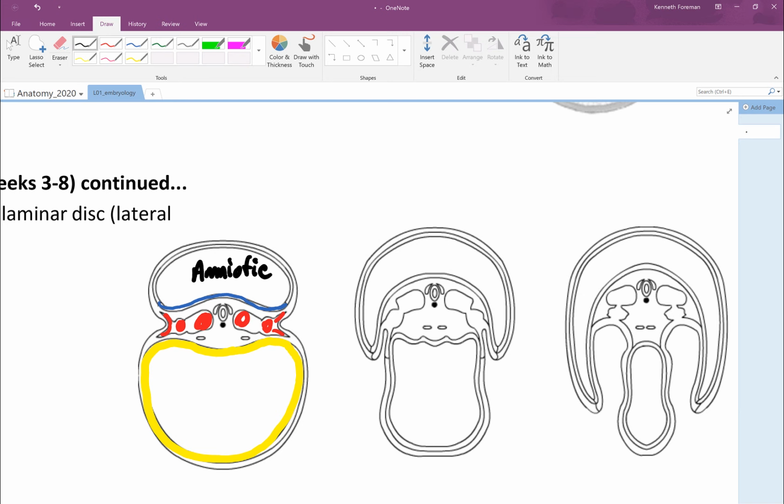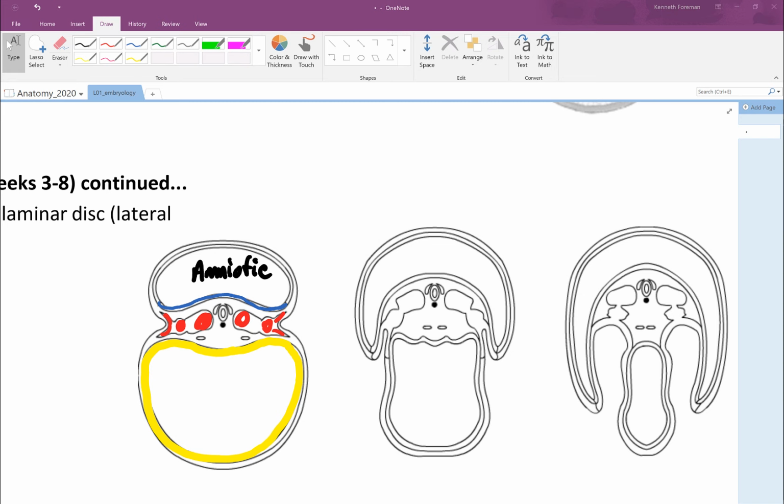Well, it's wrapped in this amniotic cavity. Well, how does that happen if the amniotic cavity is only on the dorsal aspect? I think, to think about this body folding, if you follow the amniotic cavity, it helps make a little bit more sense. So we'll go through a few examples of that.